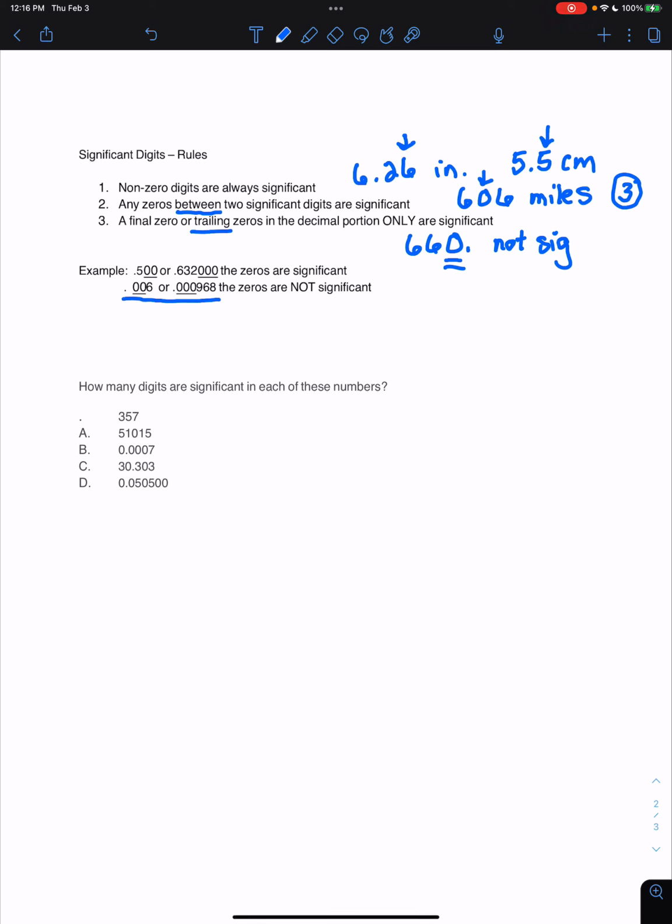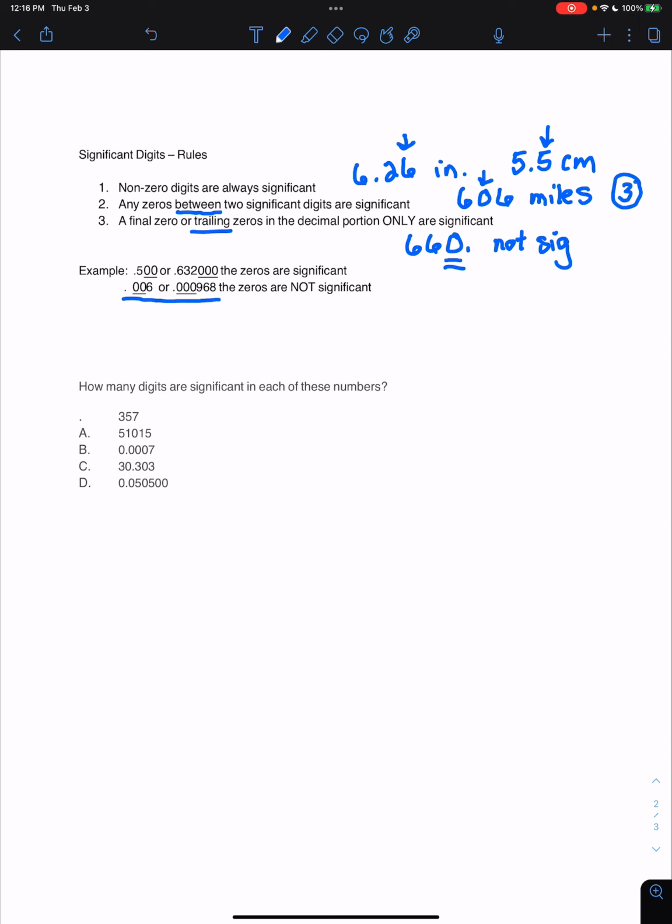However, I do want to point out a difference, and that is if we have zeros between the decimal place and other non-zero digits, these zeros are not significant. So for example here, this 0.006, those two zeros are not significant.